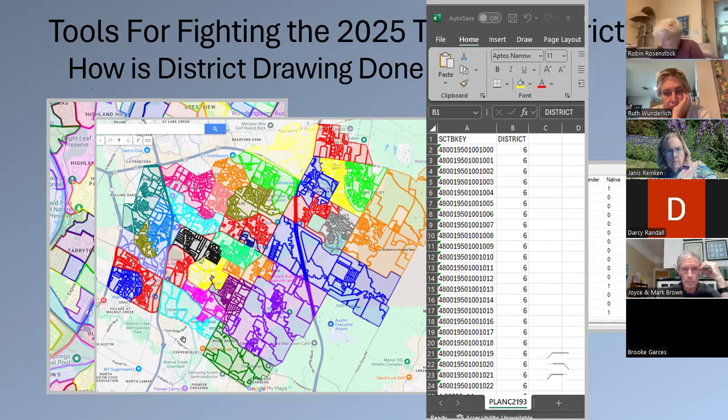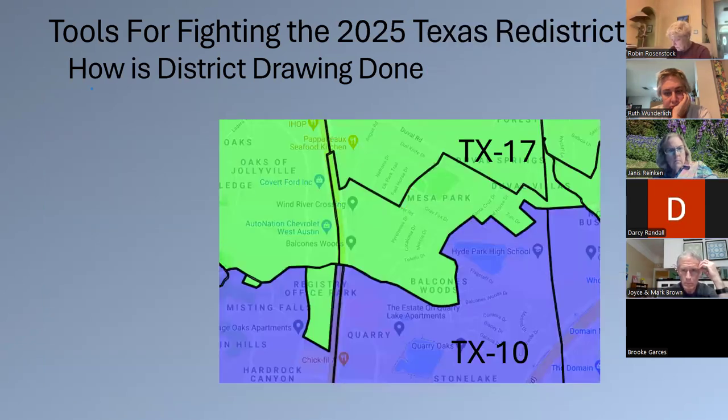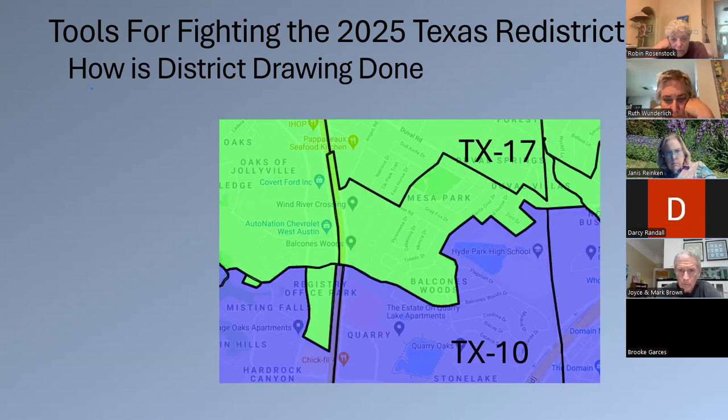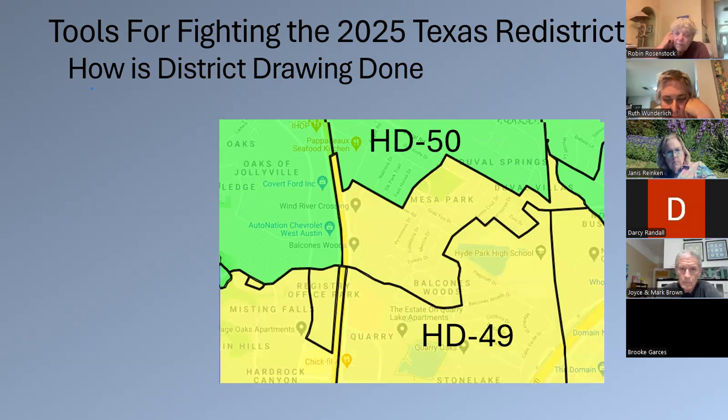But here is TX10 and TX17. And actually, this is from the 2010 map. So this is an old example. And then when they drew the House districts for the same area, this is their line. So, you can see that the line changes.